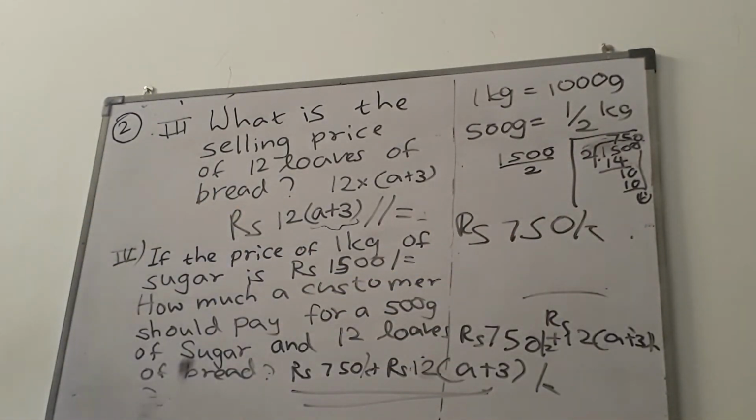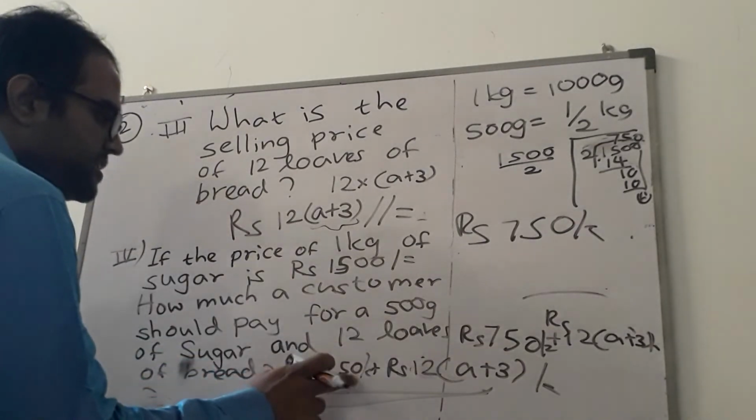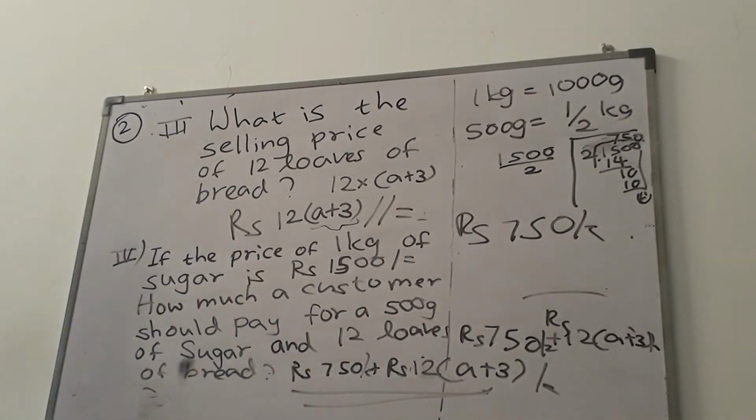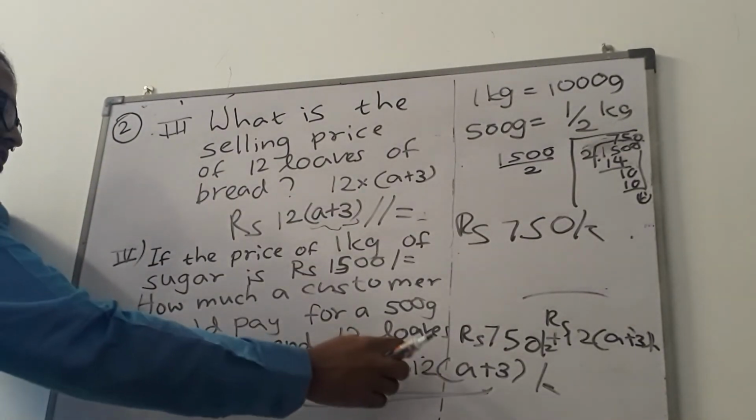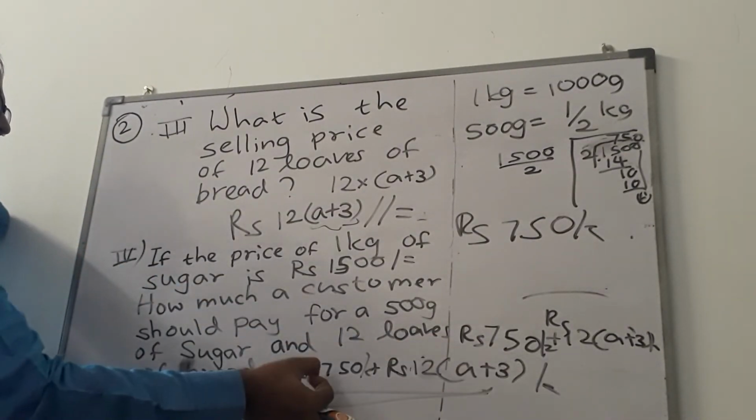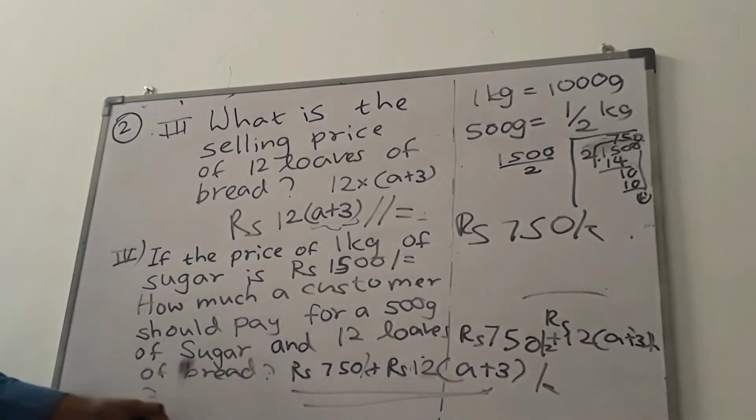And we have to add 750 rupees to the price of 12 loaves, which is 12 times A plus 3. So that is the answer.